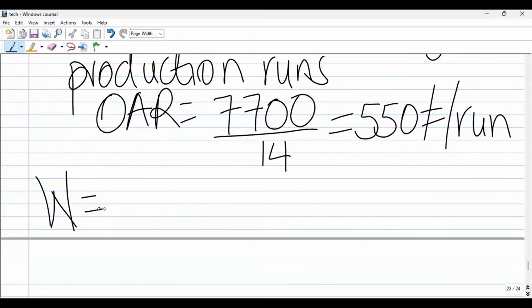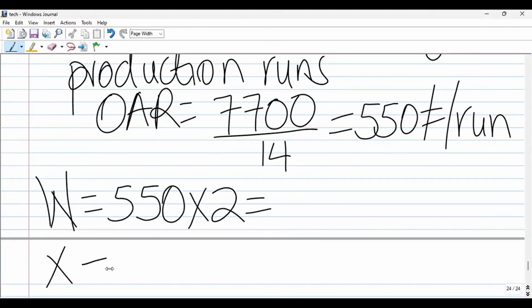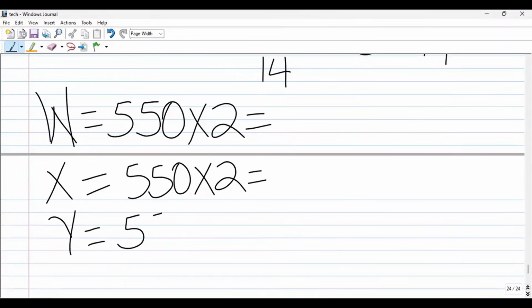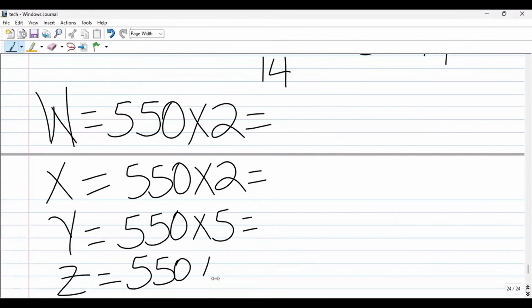The more runs that a machine is making, the more material handling cost you are going to incur. The less runs, the less material cost you are going to incur. So for X, we have 550 times 2. Y, we have 550 times 5. Z, 550 times 5.